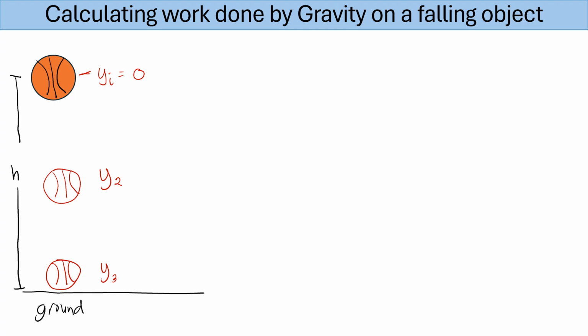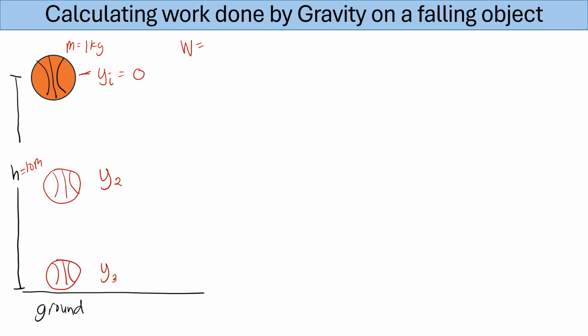Now how do we calculate the work done on this ball? Let us say that the height here is 10 meters and the mass of the ball is 1 kilogram. So that is a heavy ball. We always go back to the definition of work.